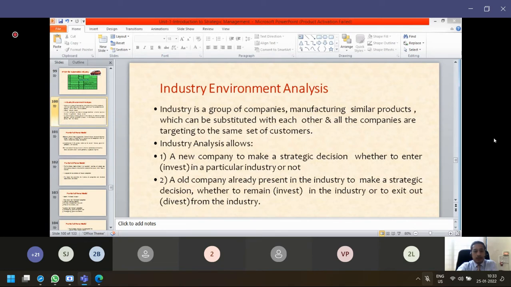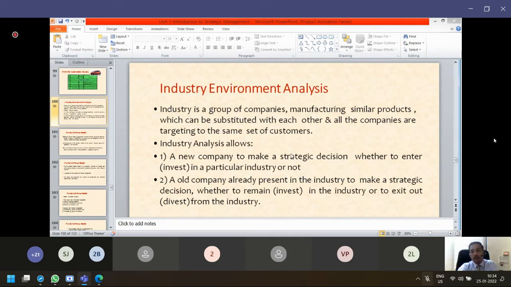So this industry analysis, if we are doing it on a continuous basis, can help a company or organization make a strategic decision whether to enter or invest in a particular industry or not.